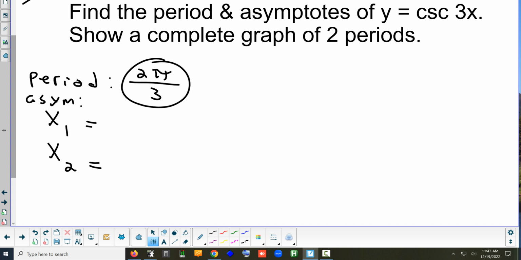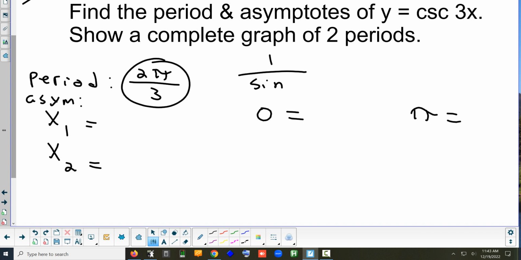Okay, I need to hold off on that for a second because I need to do a little work off to the side to figure these out. Cosecant is 1 over sine. What's the first time sine crosses the x-axis? 0. So there's your first one. And what's the second time it crosses? Pi. No, 2 pi would be the same as 0.